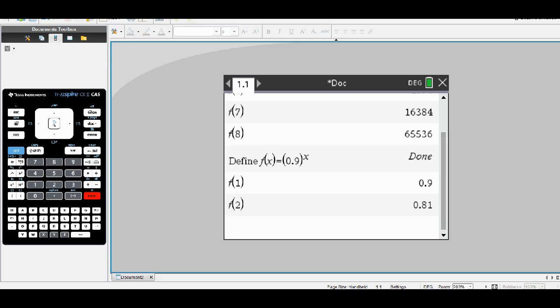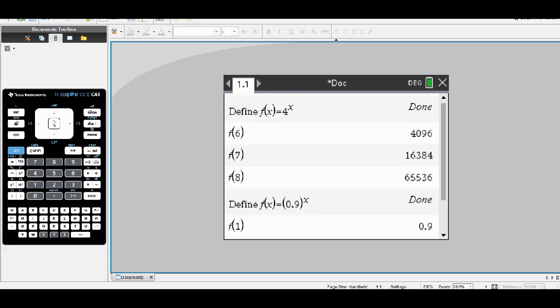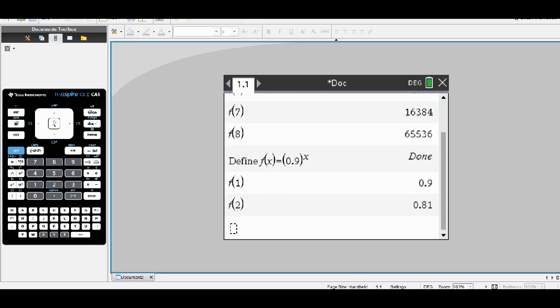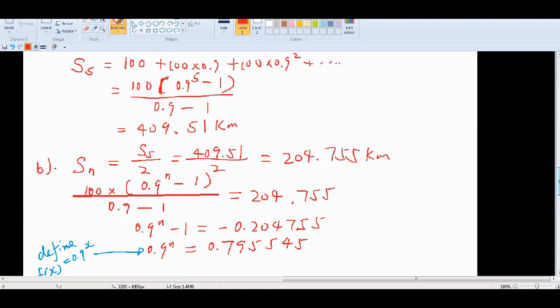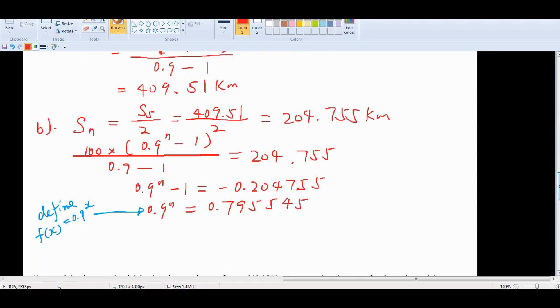That's different from the previous one, because when the base is bigger than 1 and you put x into the power, the greater the power, the greater the result. But here, when the base is less than 1, the greater the power, the smaller the result. So now we are going to have something which comes close to 0.79, but we know that we need such an n that makes sure you can finish the journey.